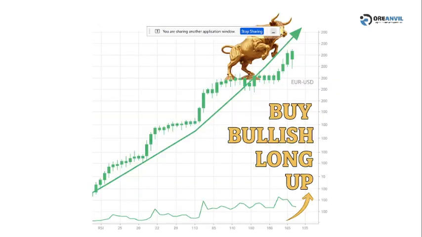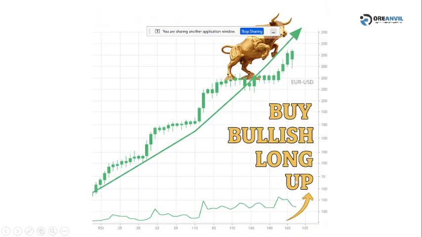So let's look at this chart. This is the chart of Euro US dollar, Europe and United States combined together. We can see the word buy, which means someone is expecting the price to go up.